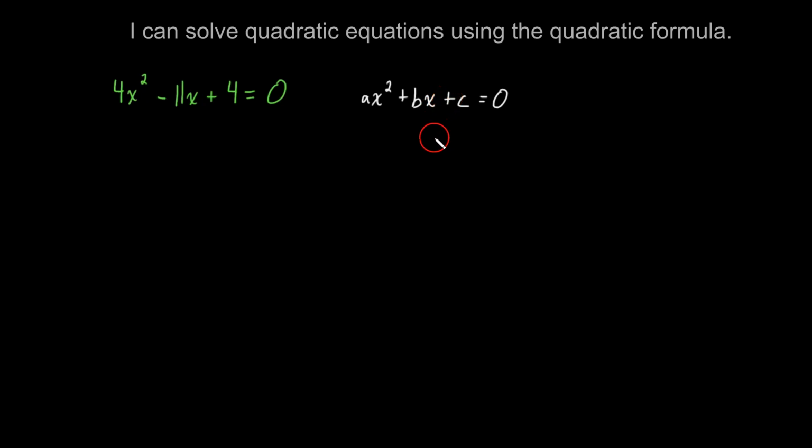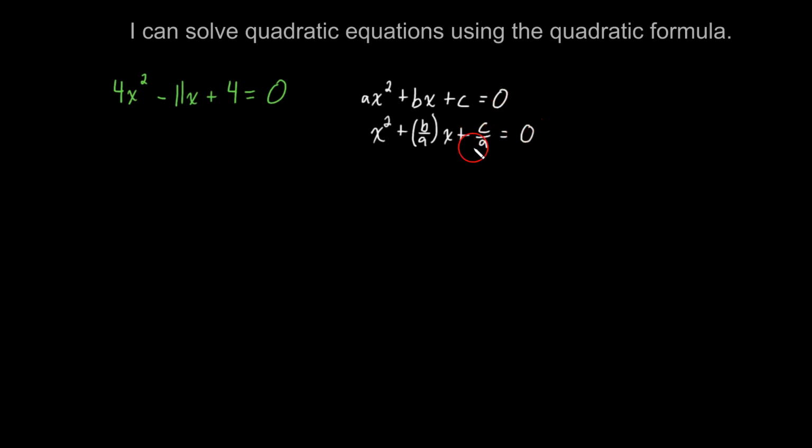In order to do that, we need to divide by a, because we want to get rid of this coefficient right here. If we divide by a, we get x squared plus b over a x plus c over a, and 0 divided by a would just be 0 still.